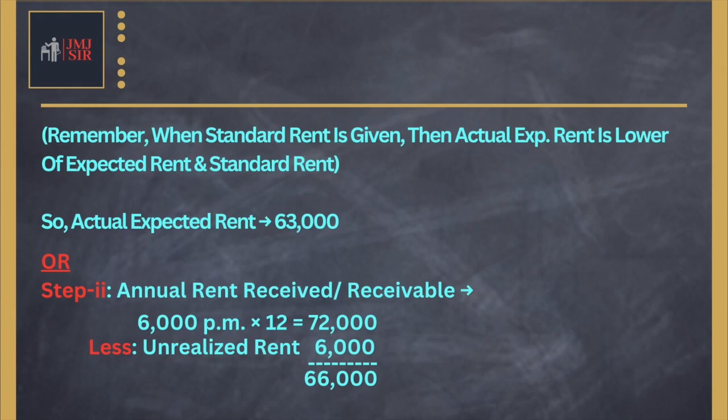Unrealized rent is a loss for the landlord, hence it must be deducted from the annual rent received or receivable. Therefore, the annual rent comes to rupees 66,000 after deducting unrealized rent.